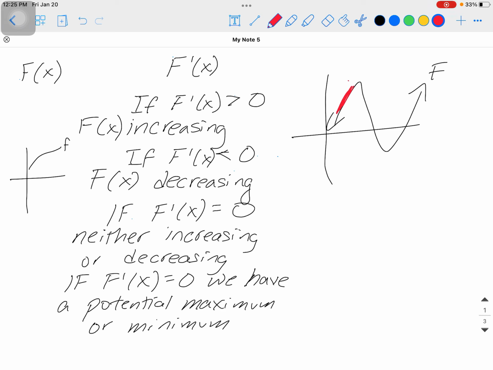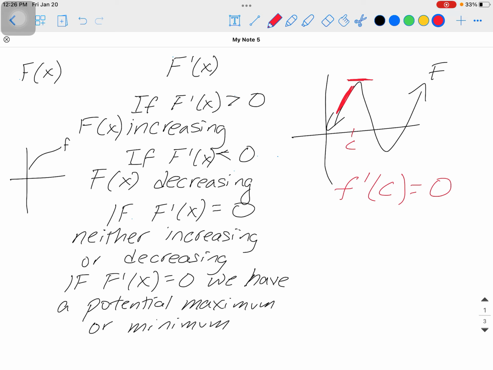But if you think about the derivative or the slope at this value that we'll call c, f prime of c is equal to 0. And that means that there is a maximum there. You can see that the graph hits a high point in that neighborhood of c.